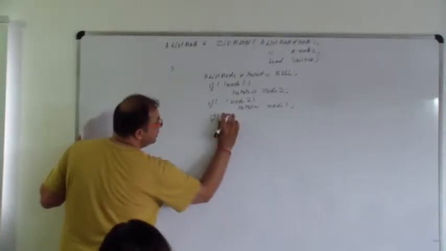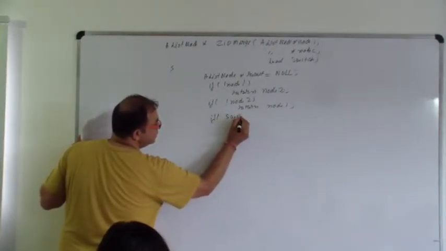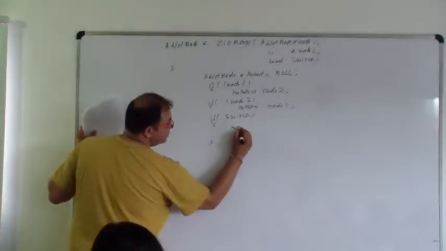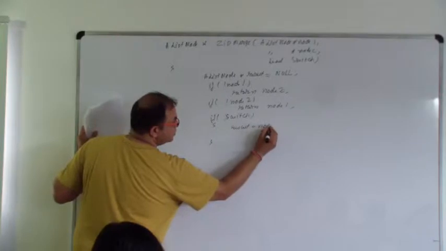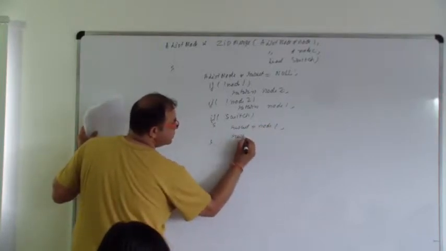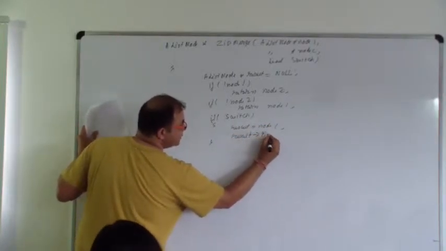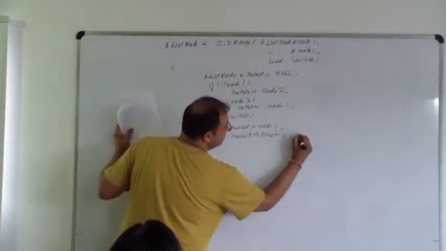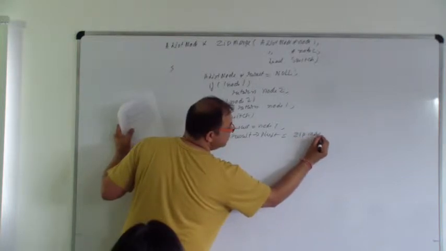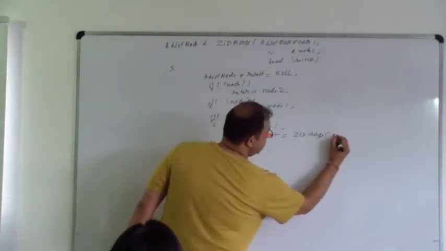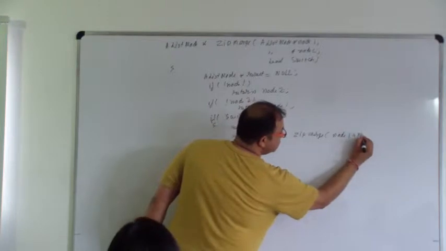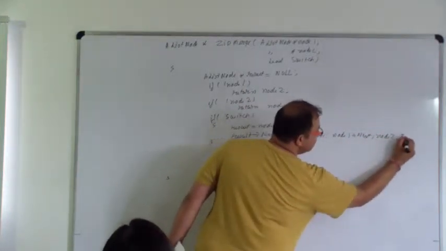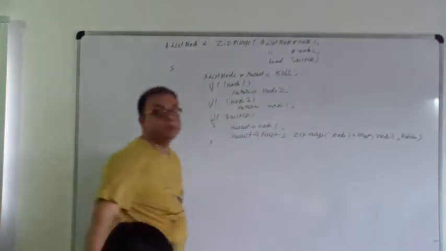If switch, result is equal to node1 and result arrow next is equal to zipMerge of node1 arrow next, node2, false.